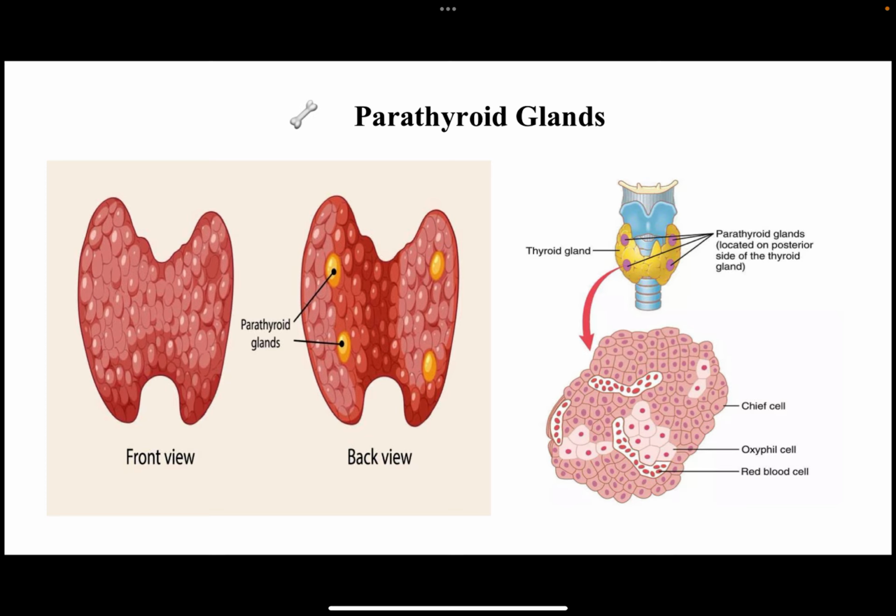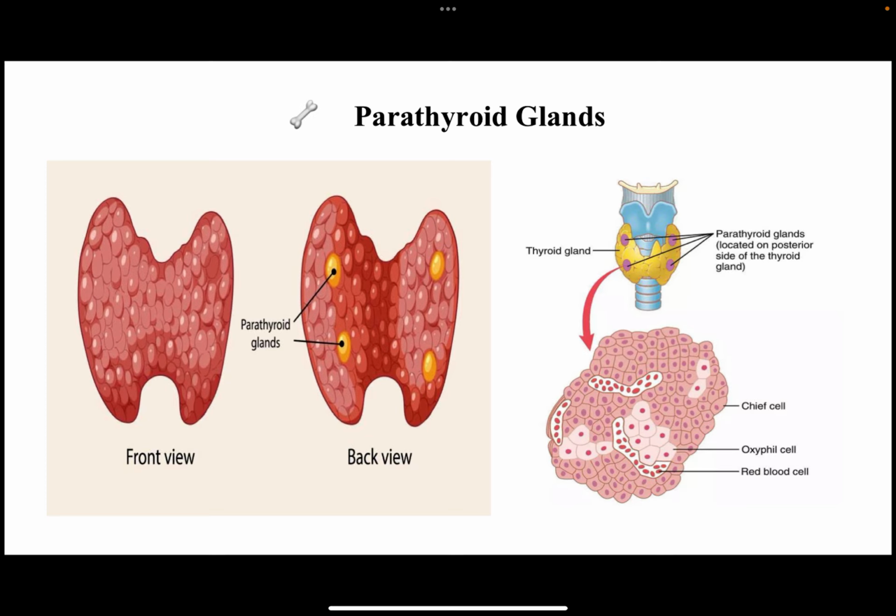It can also act on the intestines, so that within the intestines, the absorption of calcium and phosphate will increase in the gut.